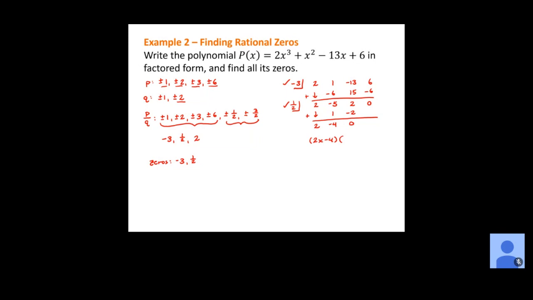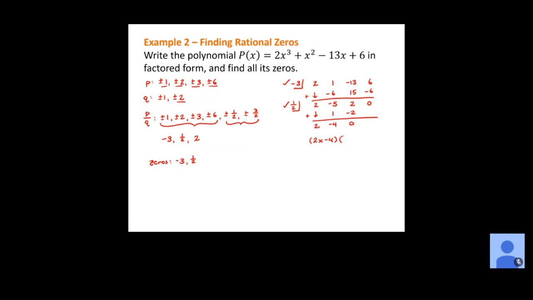What else is going to be a factor here? So not 0, right? Because if you notice here, 0 was not a possibility on our list of possible zeros.